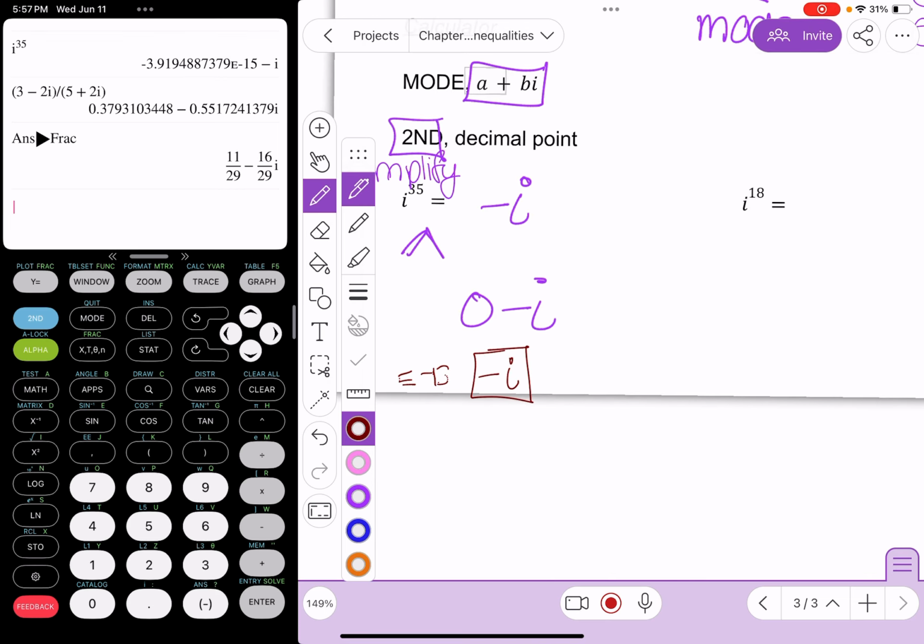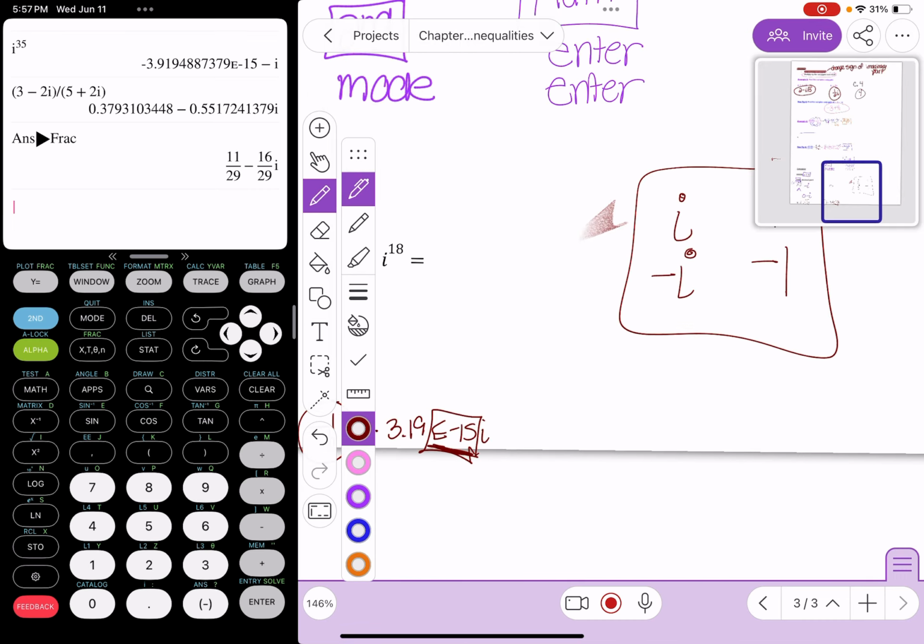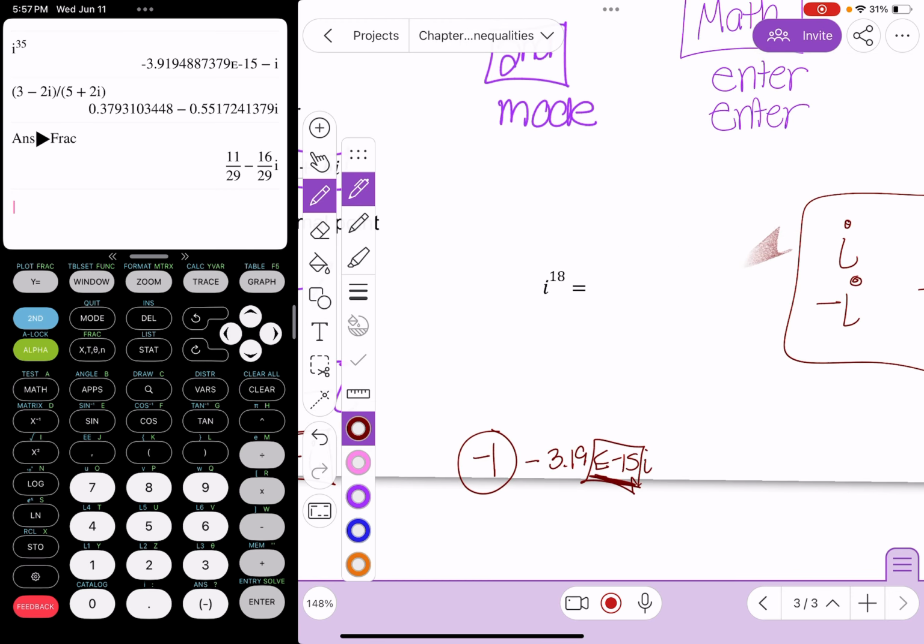It could show up where it says negative 1 and then minus 3.19 E negative 15i. That's saying negative 1. Whenever you see this E negative something, it's really 0. But these are the four things that you'll see. So if you typed i to the 18th, this is really negative 1.